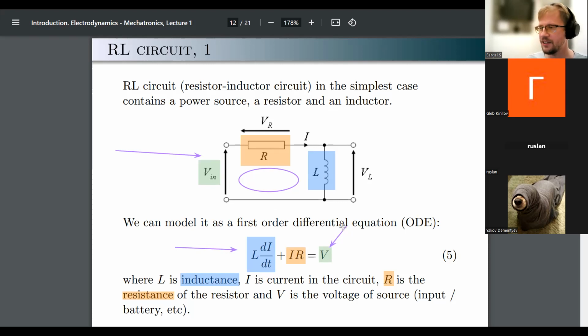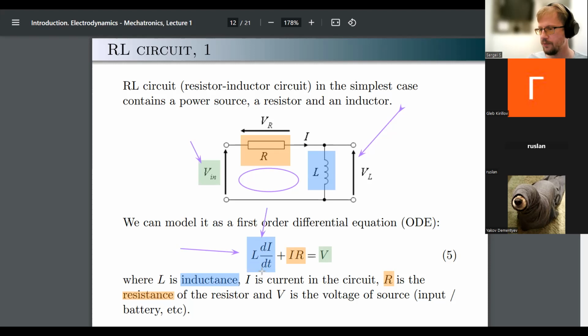Another question: let's say we measure the voltage across the inductor, and we put in constant 10 volts again. What would this reading tend to? We can also find it by solving this equation first, and then looking at this blue term specifically.